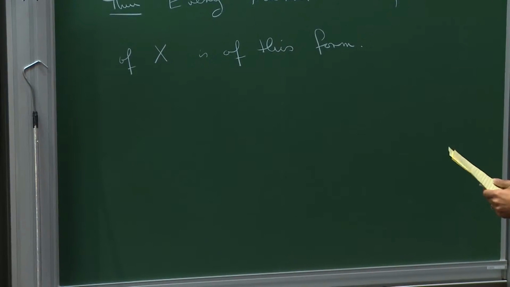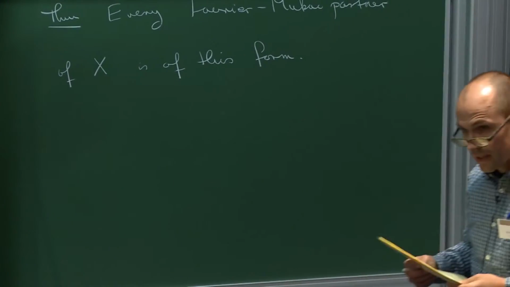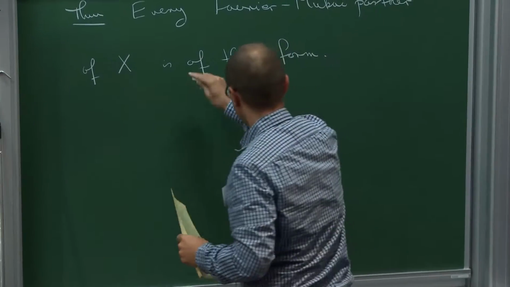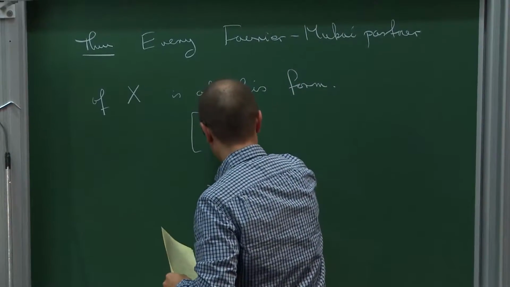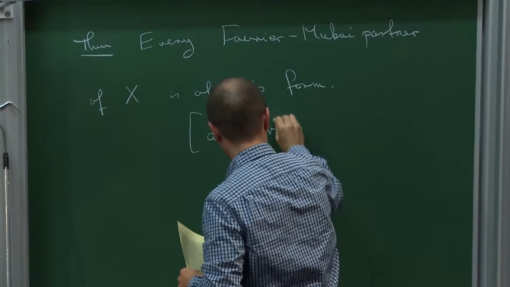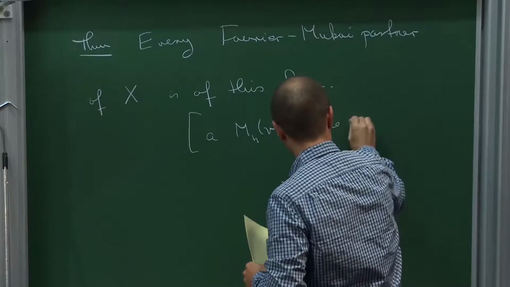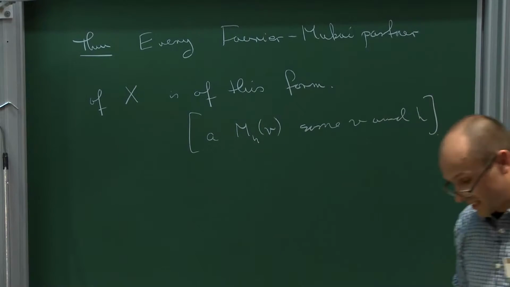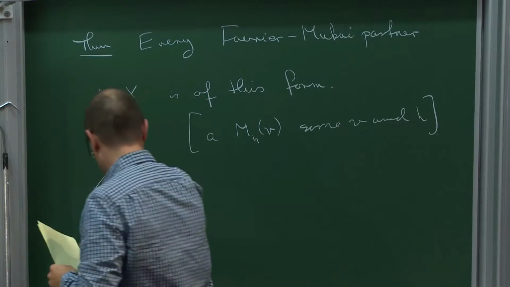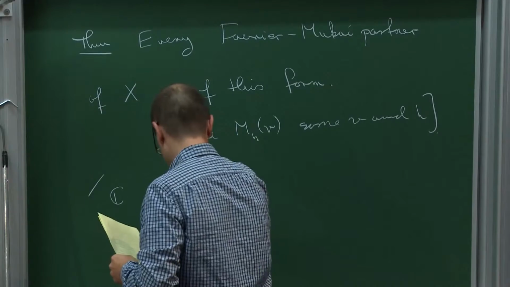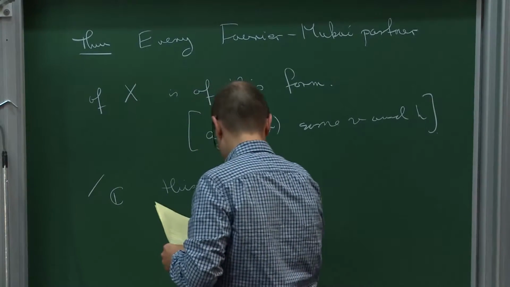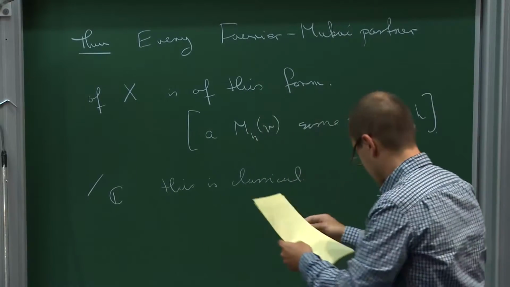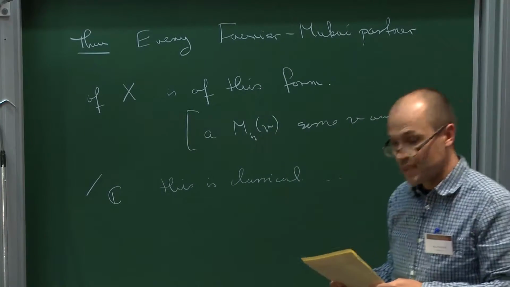Okay. So when you say of this form, you mean for some E in the corresponding V, is that it? Let me put it here: is a M_H(v) for some v and H. Okay. Yeah. So I should say over C, this is somehow classical. There are many names here I should put there.